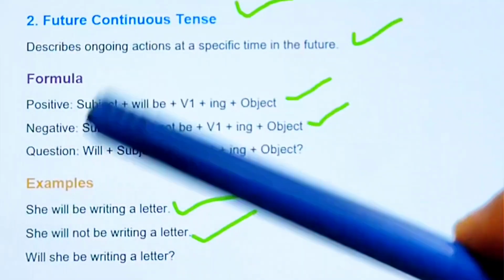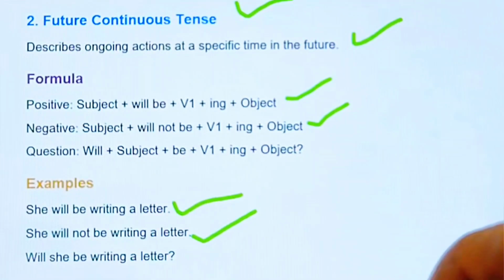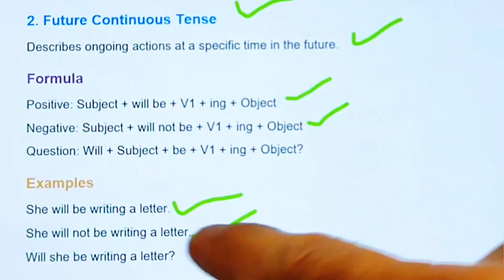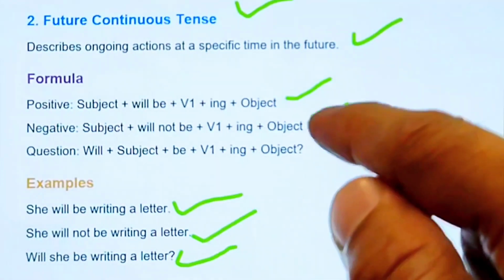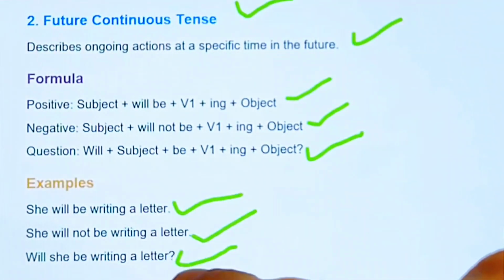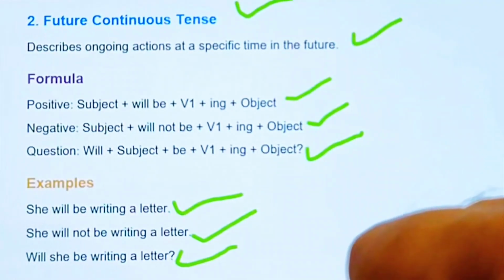Let's move on to the next one. Next we have the interrogative sentence, and the formula is here. So we explain the sentence with the formula.